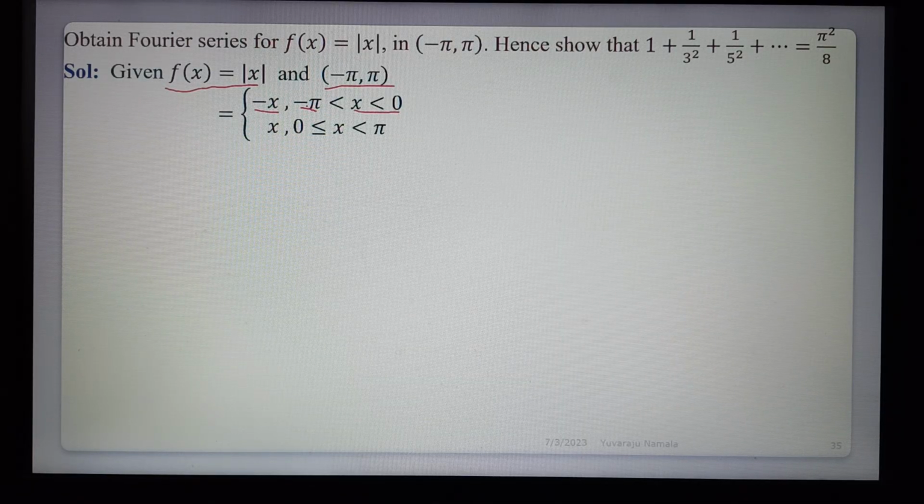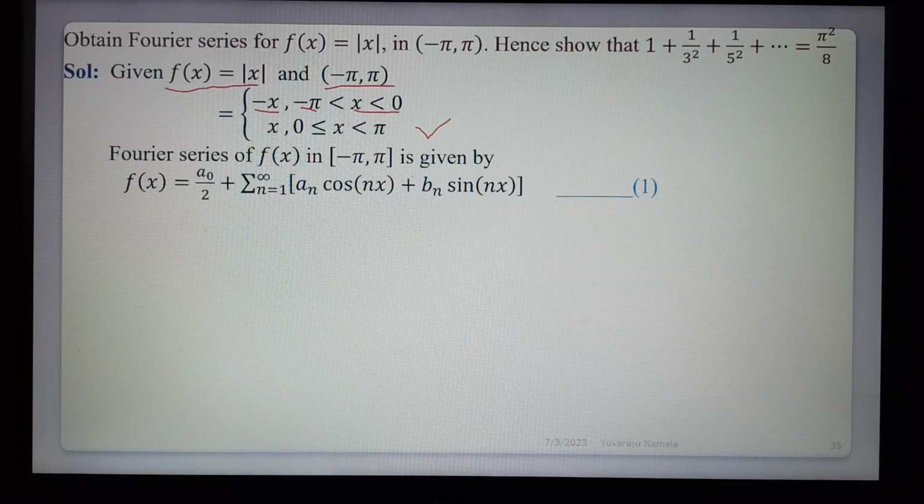So in the case -5 to 0, it is -x. Next, it is +x when x is greater than 0, that is, 0 ≤ x < 5. So this is the modulus function.